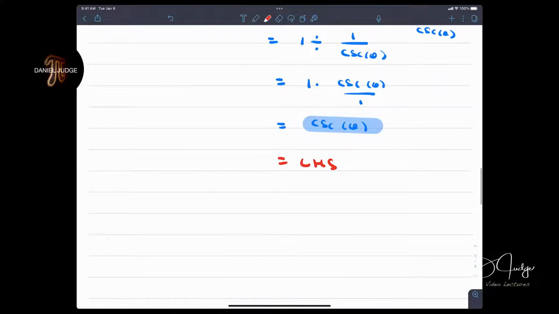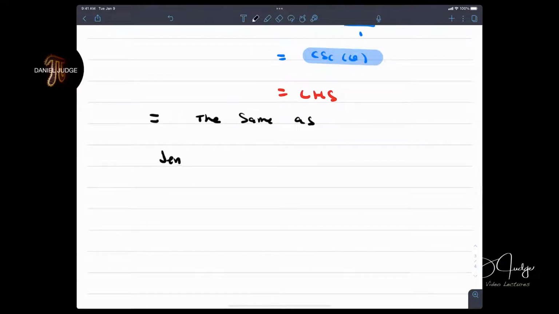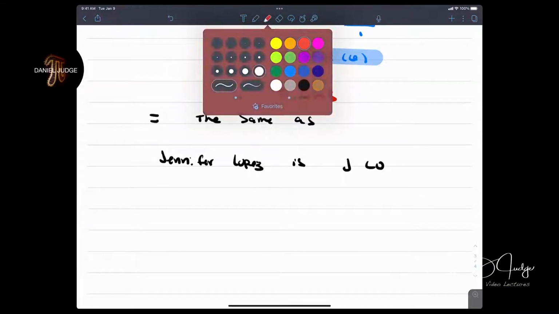This word equal, I want you guys to really understand this idea. Equal means the same as. In words, if I said to you, Jennifer Lopez is J-Lo. Okay? Is.